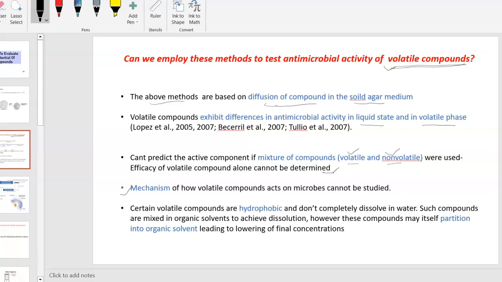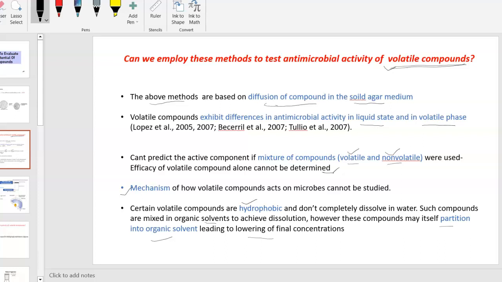We know that certain volatile compounds are hydrophobic in nature, so their solubility in water is again a problem. So we need to solubilize these compounds in certain organic solvents, where again the compounds may partition into the organic solvents, which can lead to lowering of final concentrations.